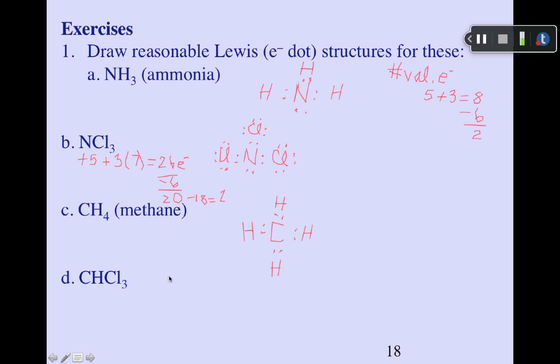Now, change that to put carbon with something else, and this has a name that you don't have to answer today because that's a Chem 116 topic. So let's count up the valence electrons for CHCl3.